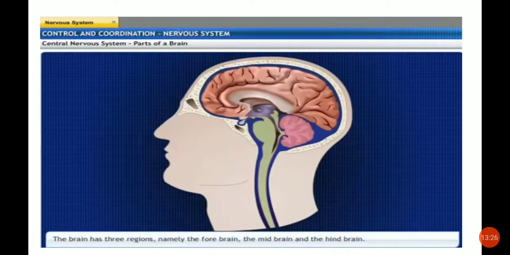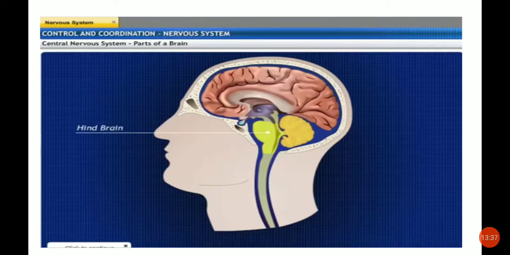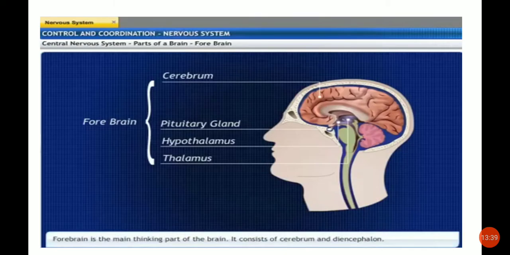The brain has three major regions, namely the forebrain, midbrain, and hindbrain. The forebrain is the main thinking part of the brain. It consists of the cerebrum and diencephalon.